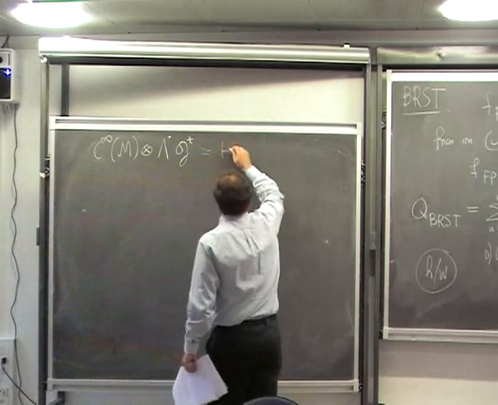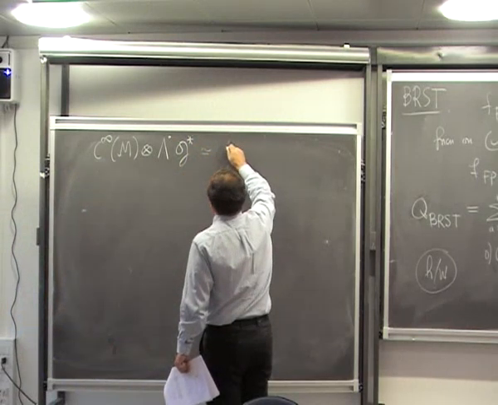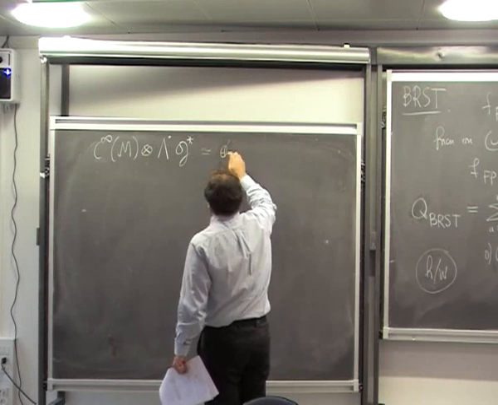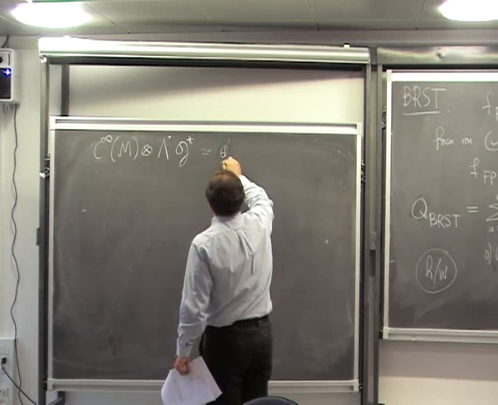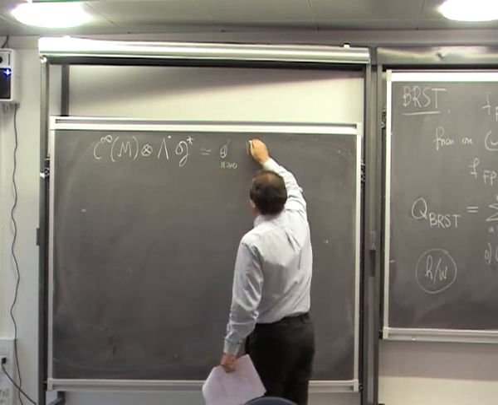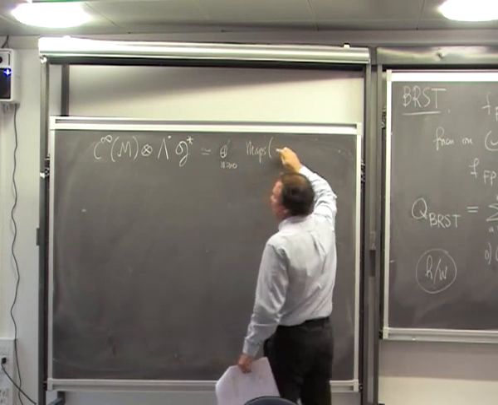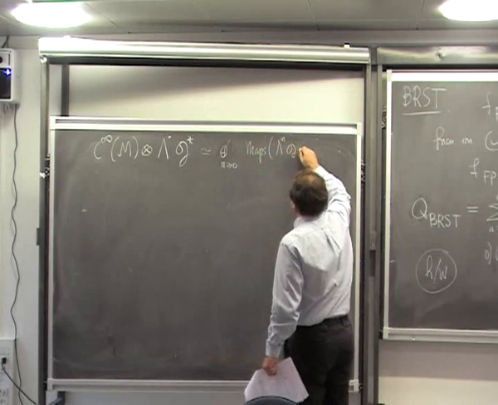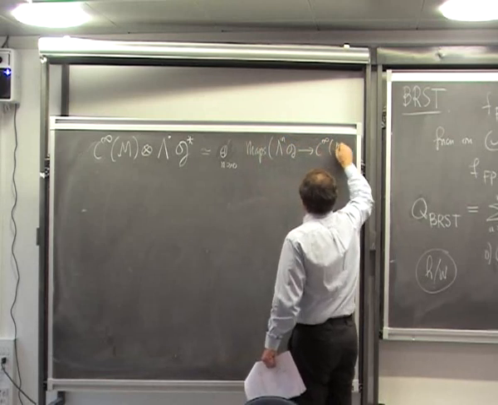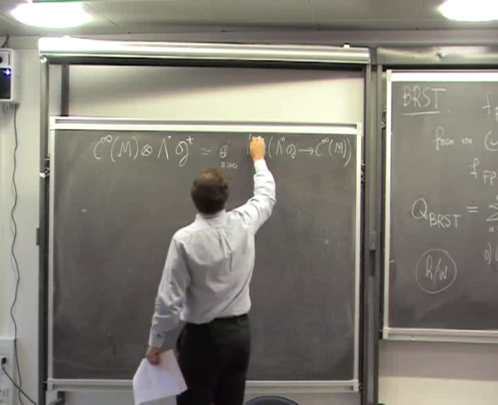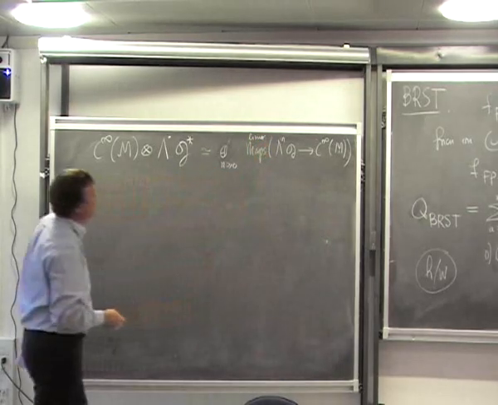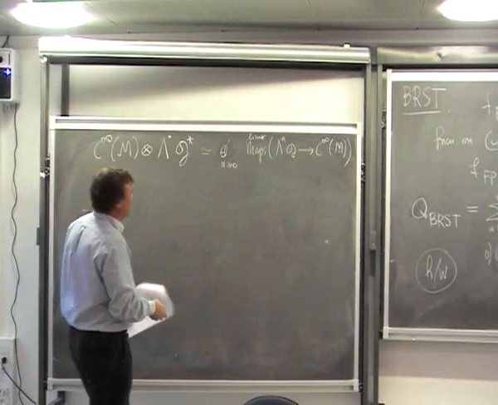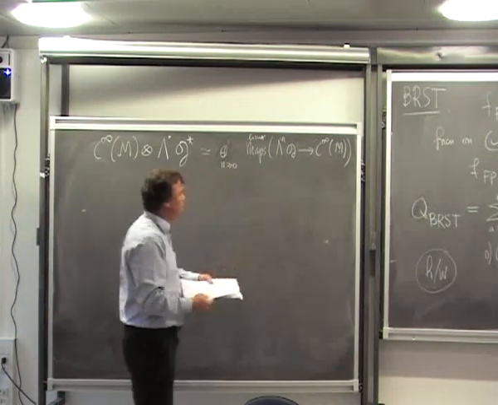So this is naturally the direct sum over n of linear maps from the n-th exterior power of G to C infinity of M. This is a well-known construction.